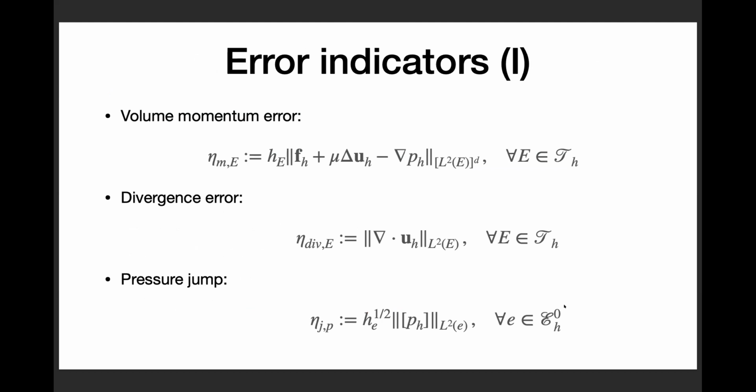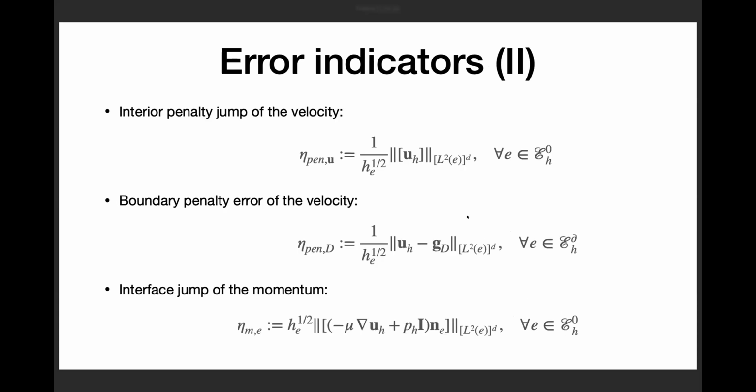Here, this is the set of internal edges or faces of the triangulation. We also have the interior jump of the velocity and the interface jump of the momentum, also defined on the same set of internal edges or faces. And finally, the boundary penalty error of the velocity, which is defined on the edges or faces on the boundary of the mesh.